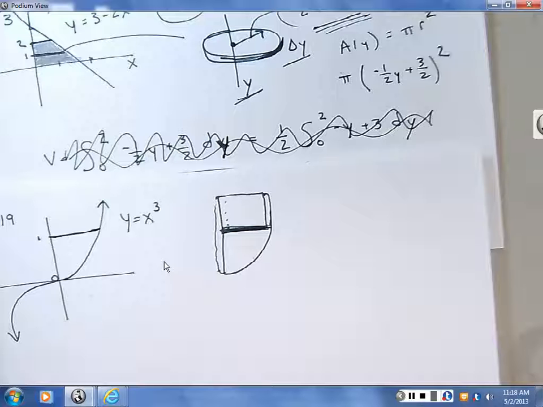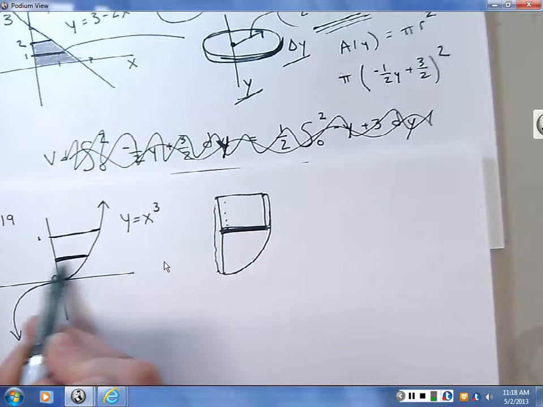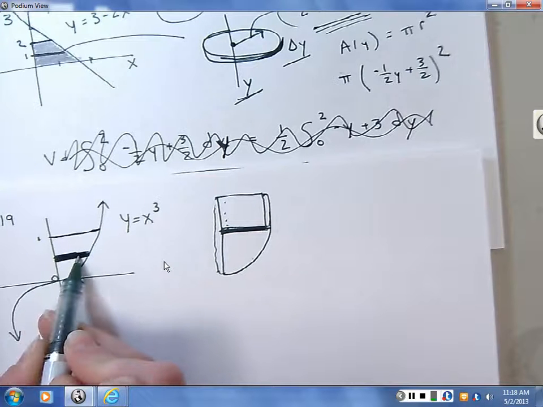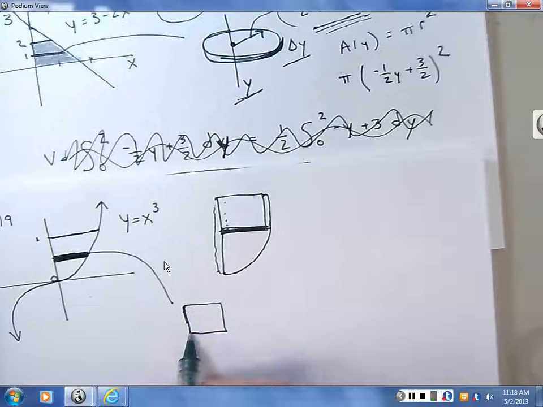You guys see that? But it's bounded by this curve y equals x cubed. So let me just say if I take a slice, this slice is square, not circular. There's no rotation. So if I take a slice out here, it looks like this, and I have some thickness dy.